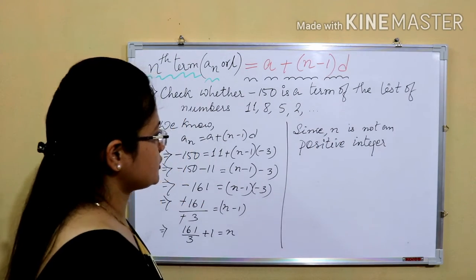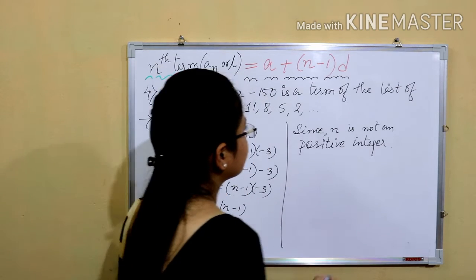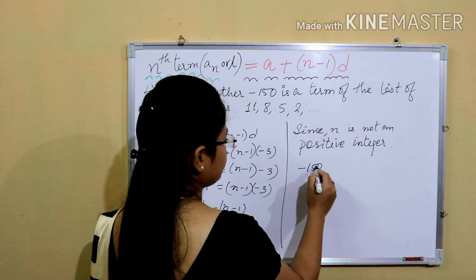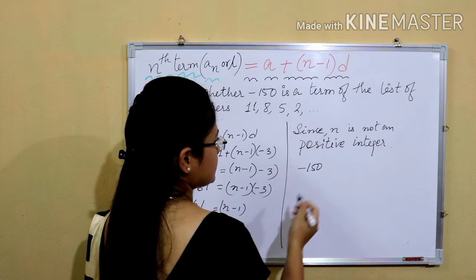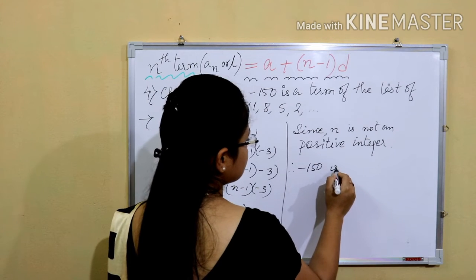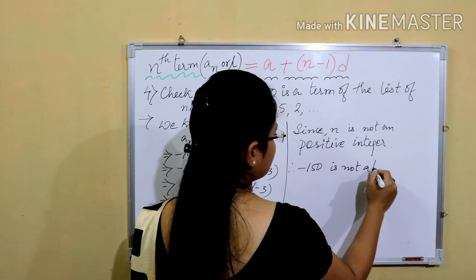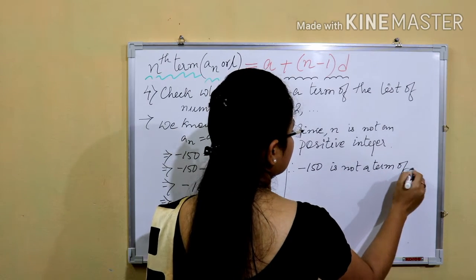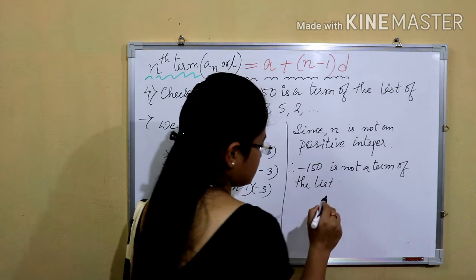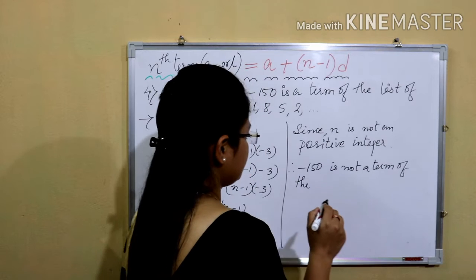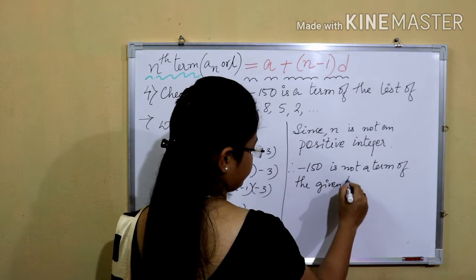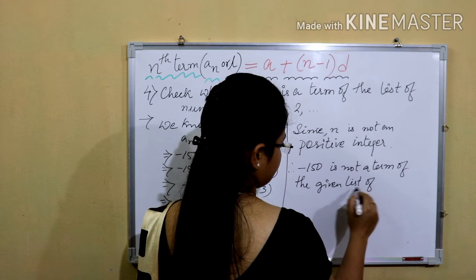Since n is not a positive integer, we can write that minus 150 is not a term of the given list of numbers.